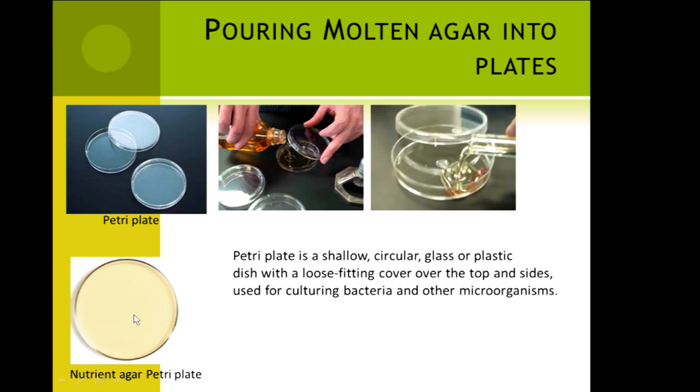This is generally called a nutrient agar plate, where medium is present. A petri plate is a shallow circular glass or plastic dish with a loose fitting cover over the top and sides. You can see two halves, bottom half and upper half. The upper half overlaps the bottom half, and this is used for culturing bacteria and other microorganisms.